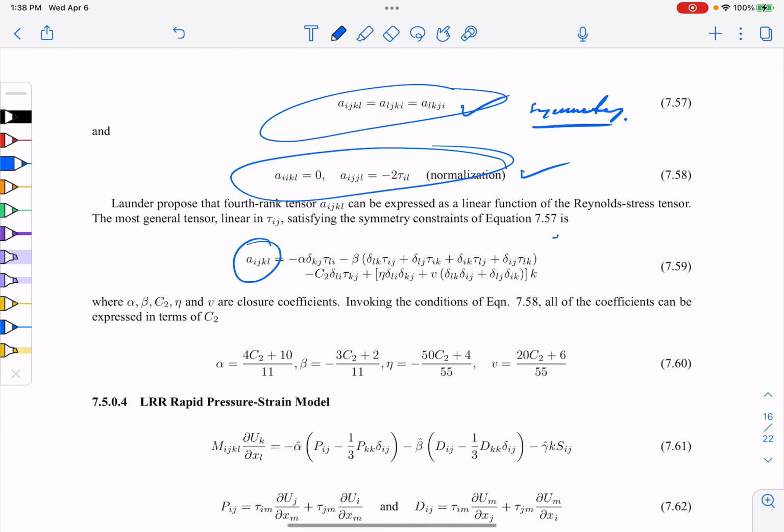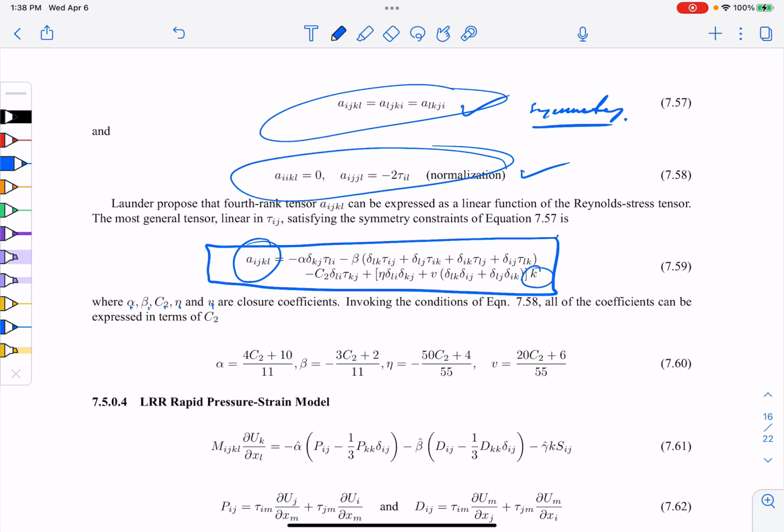And here's the full model. And you can see it involves nothing but closure coefficients, like alpha, beta, C2, eta, and nu, and Kronecker delta functions, which we just noted again. Delta_ij is 1 for i equals j and 0 otherwise, and particular stress terms, times turbulent kinetic energy.